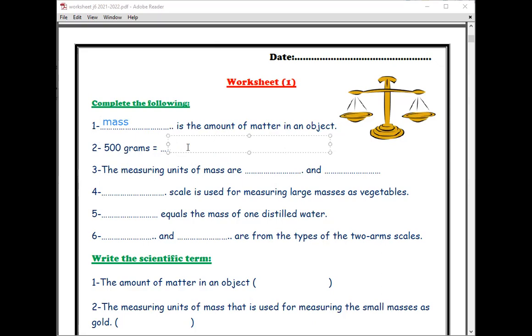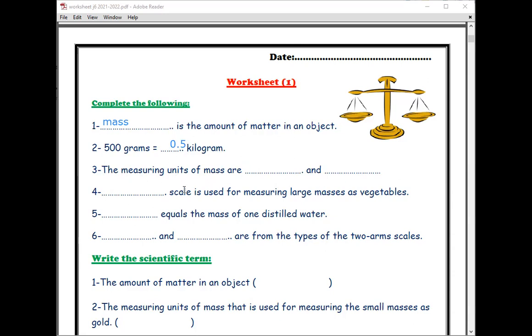So right here, half kilogram or 0.5 kilogram.